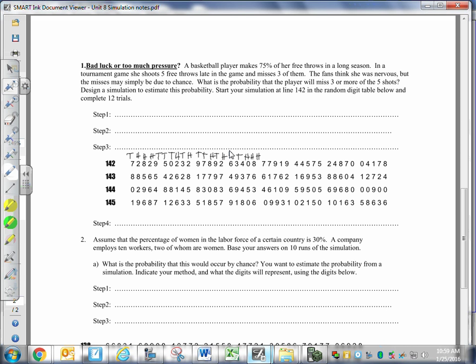Well, let's say I have a cheap coin, and on this cheap coin, heads pops up 40% of the time, and tails will pop up 60% of the time.